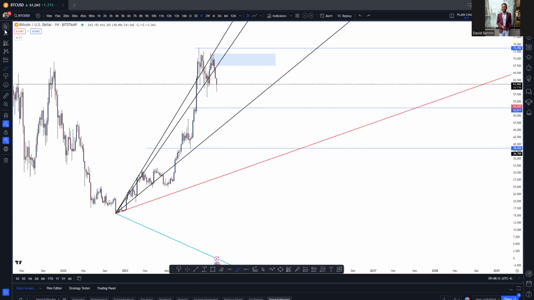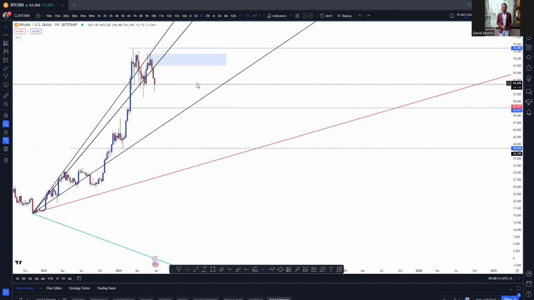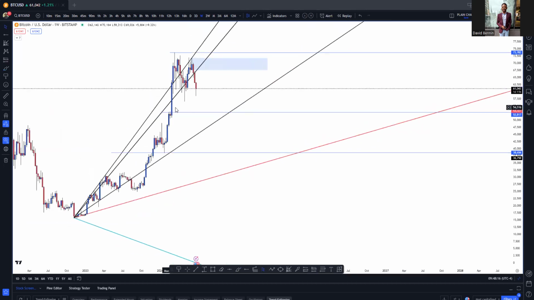But if we drop to 52K, there's going to be a significant pullback. So this current push that is currently happening, if the dollar becomes super weak, this could actually come all the way back up to 73K. No, not 73K, sorry.